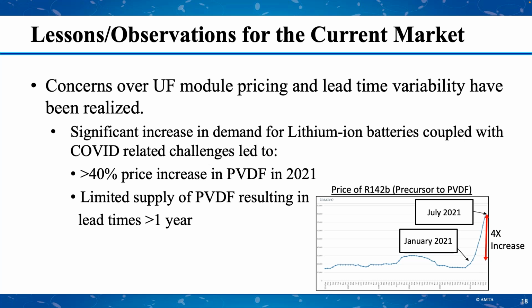So we saw a large decrease in the amount of PVDF that could be supplied for membrane manufacturing, and that led to, in some cases, lead times of over a year. So this is a good example of why it's nice to have more than one option.